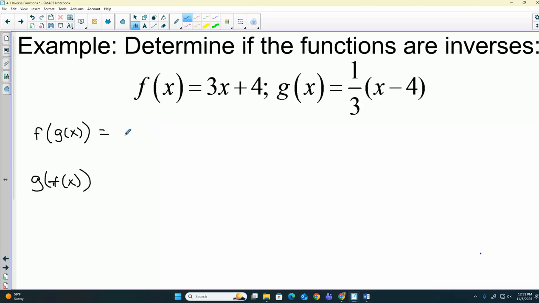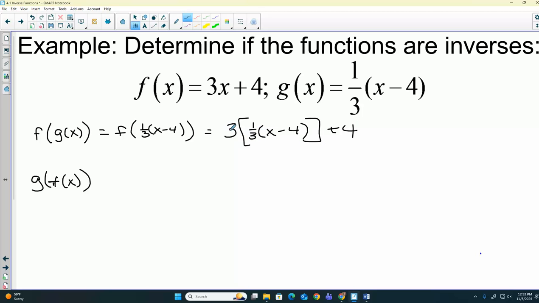If they both turn out to be x, they're inverses. Start on the inside. g of x is 1/3 times x minus 4. I'm putting that into function f. So f is 3 times whatever I put in plus 4.